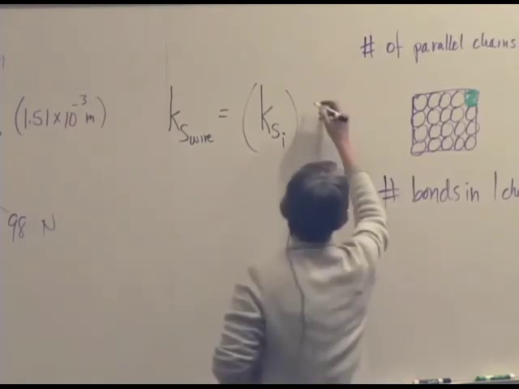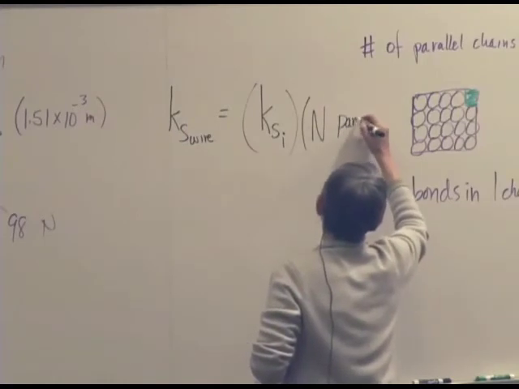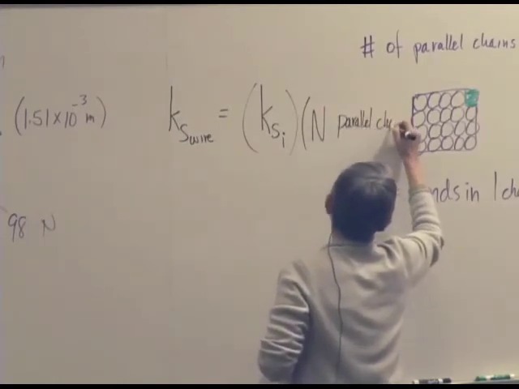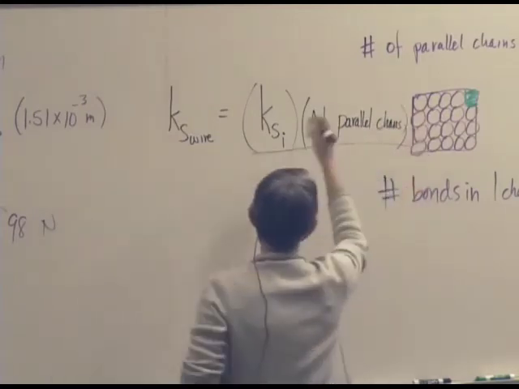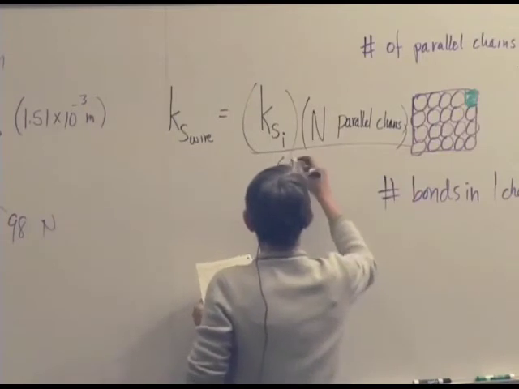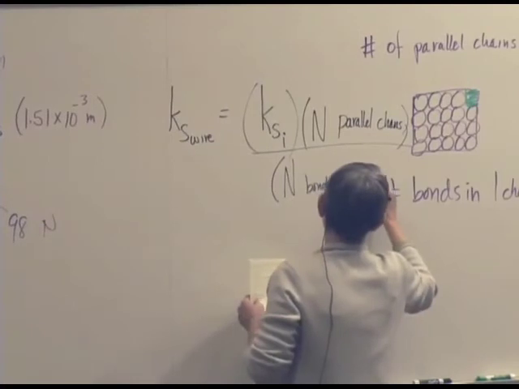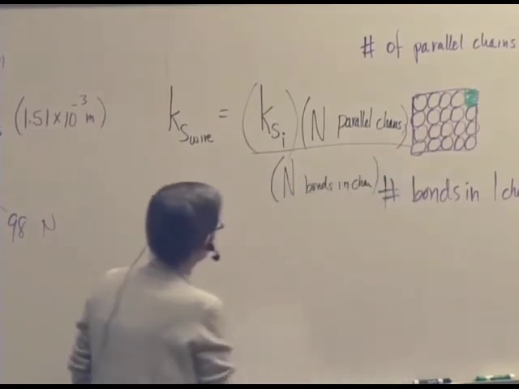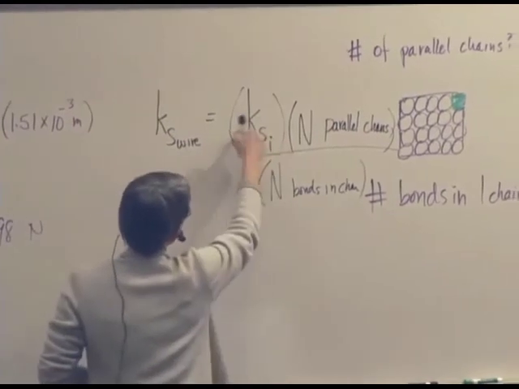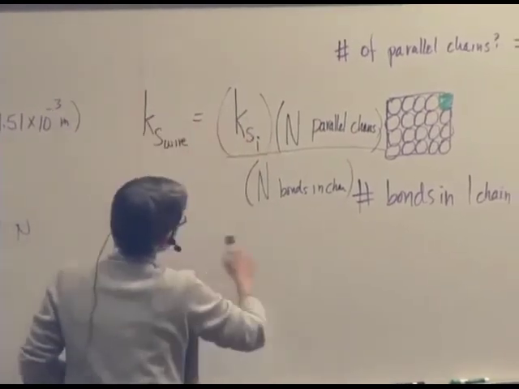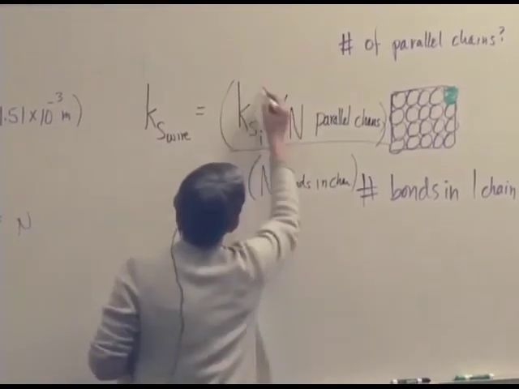So we're going to multiply by the number of parallel chains. But it got less stiff the more springs there were in a chain, so we divide by the number of bonds in a chain. And we know this. We just figured it out. This is our unknown. We're solving for this.